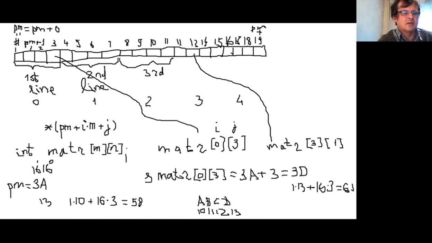So 3D is 61. So the address of this element is 3D if PM is 3A.